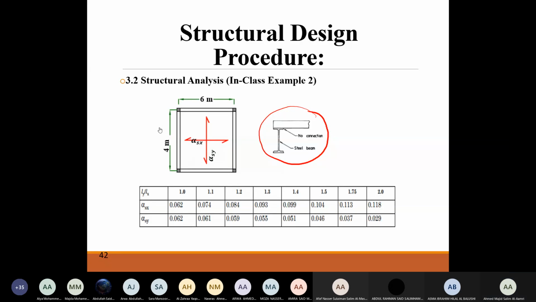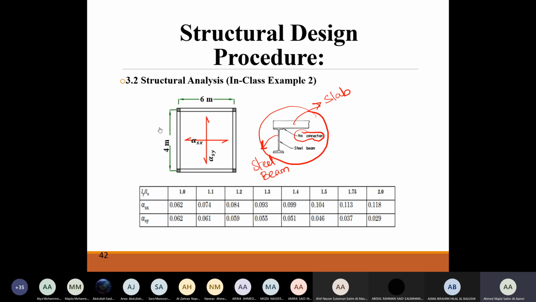Now you can see what's happening here. This is my slab, and then this is my steel beam. We have a slab and we have a steel beam, and they told you that there is no connection between them.